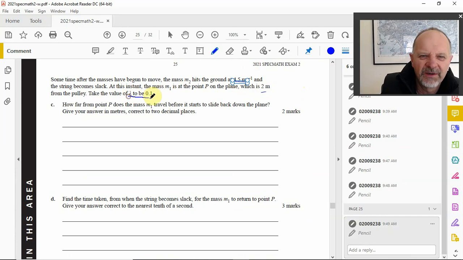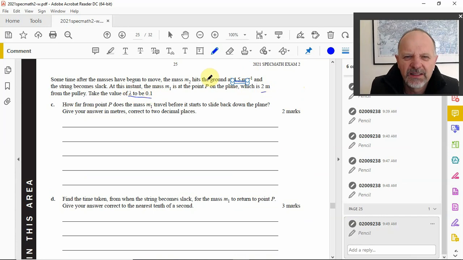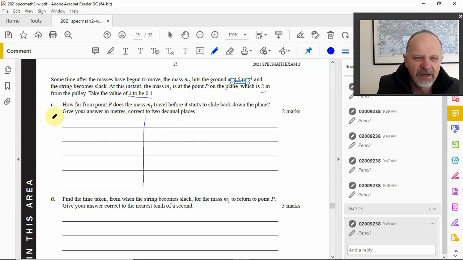Take the value of gamma to be 0.1. So the acceleration now is changing because mass 2 has hit the ground, so it's no longer applying a force. We don't need to go all the way and have a look again, but the acceleration changes too.